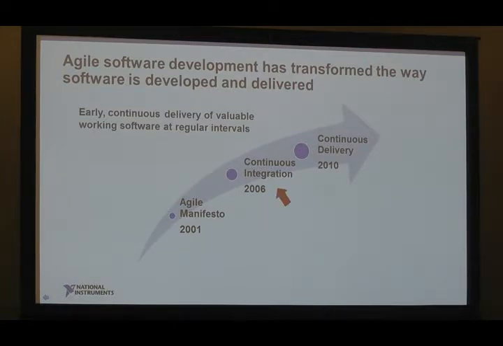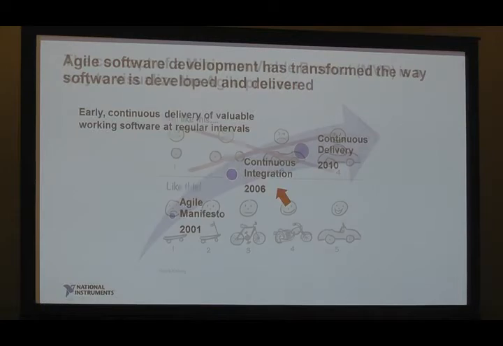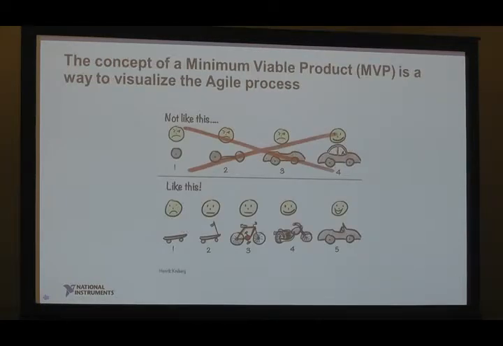So a way to visualize this early continuous delivery of valuable software at regular intervals is this concept of a minimum viable product. So this concept shows the difference between the more traditional software development methodology, commonly known as the waterfall model, and how it contrasts to the Agile way of doing things, where you want to do things more iteratively.